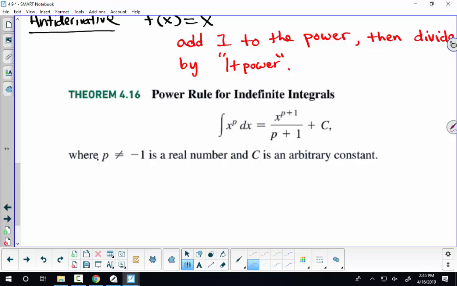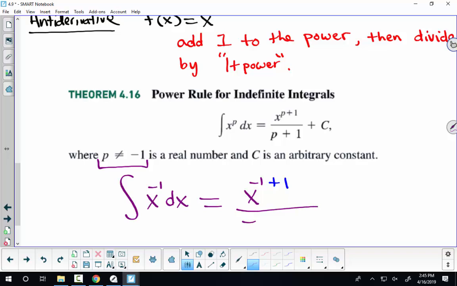It says where p is not -1, because what is the antiderivative of x to the -1? Just notice that if we tried to apply this power rule to it, we would add 1 to the power, and then divide by the result.